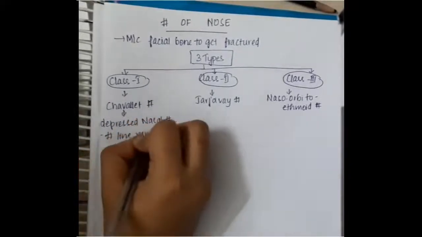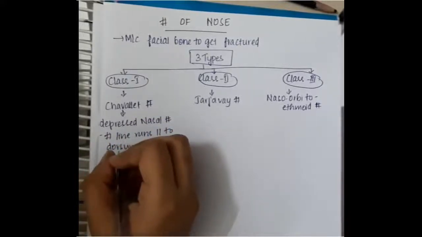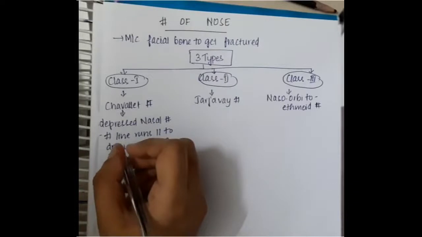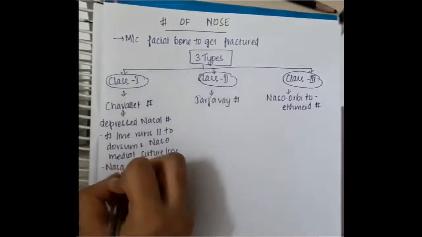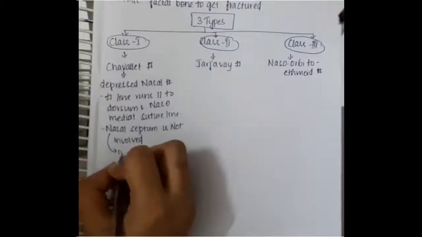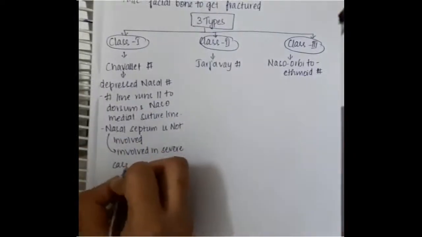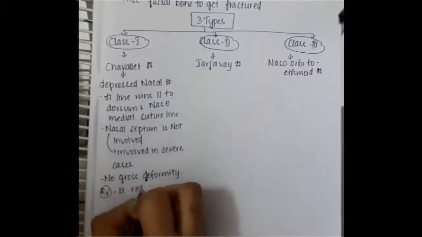Class 1 fracture is a Chavalet fracture. You will see that this is a depressed fracture, and the fracture line will run parallel to the dorsum of nose and also the nasomedial suture line. Nasal septum is not involved, only in severe cases. No gross deformity is seen.